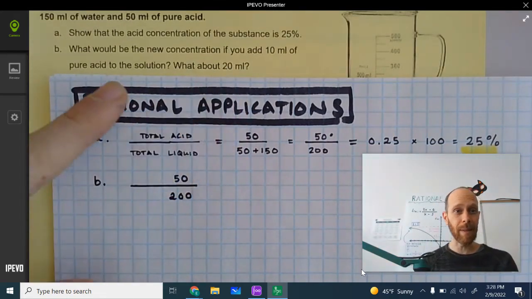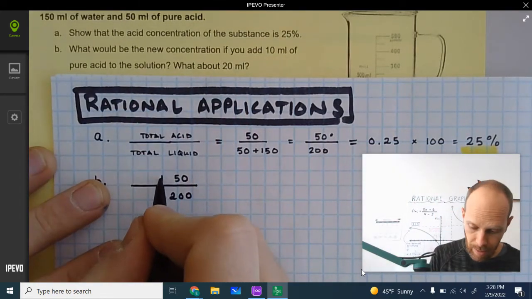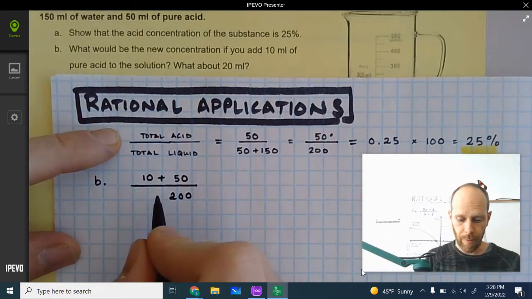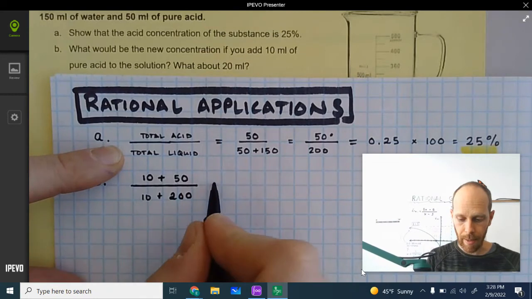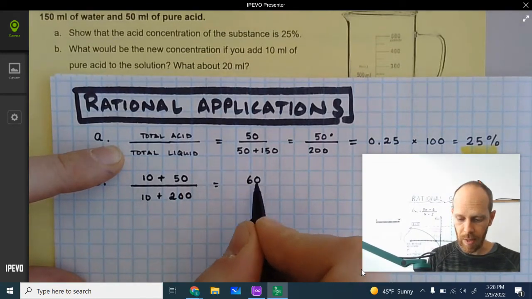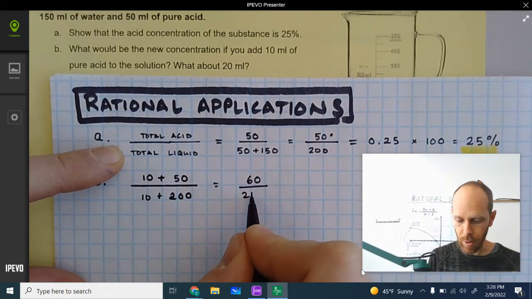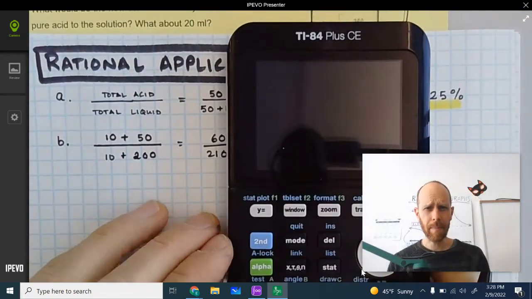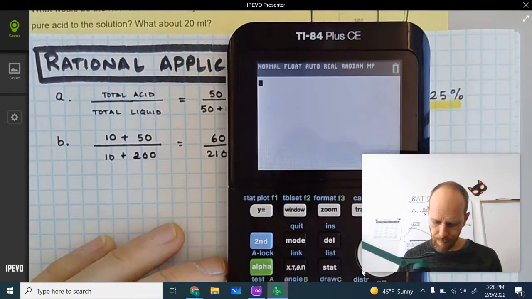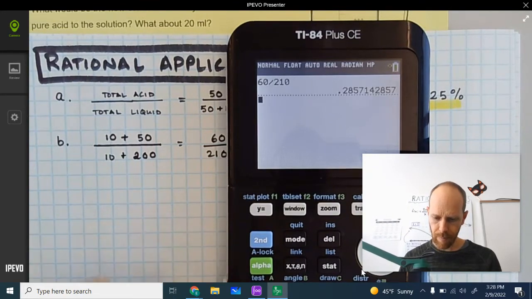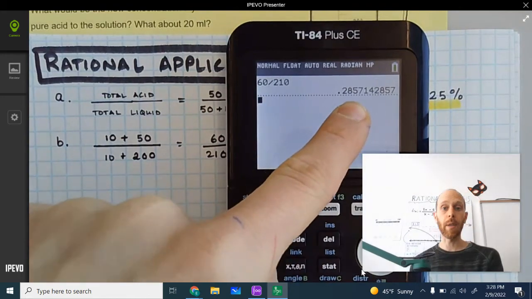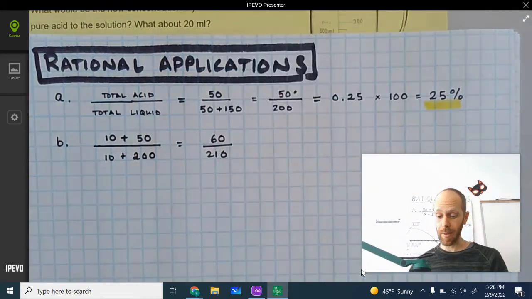If we add 10 milliliters of pure acid, we've got 10 more in the numerator. We've got 10 more in the denominator. This turns into 60 out of 210. Grab my calculator. Okay, so now we've raised the concentration to, I'm going to call that 28.6%.